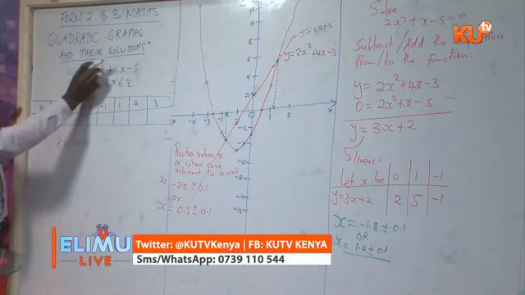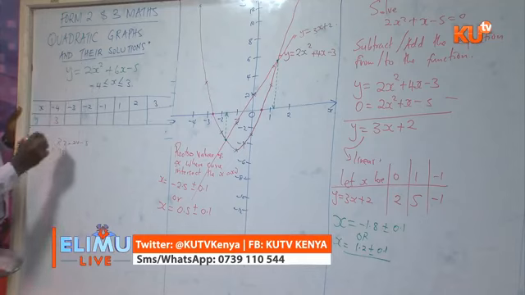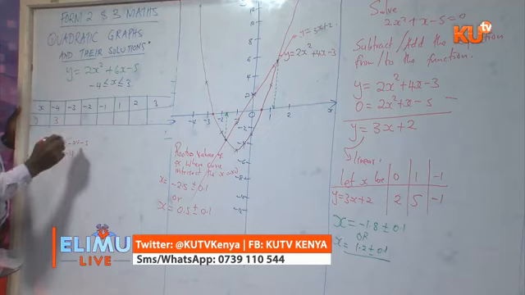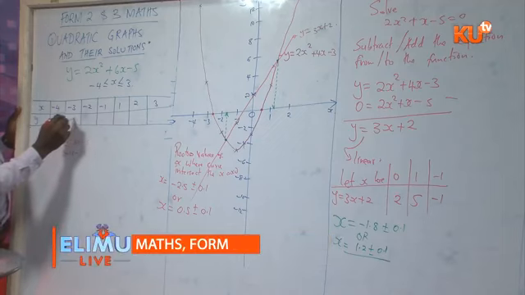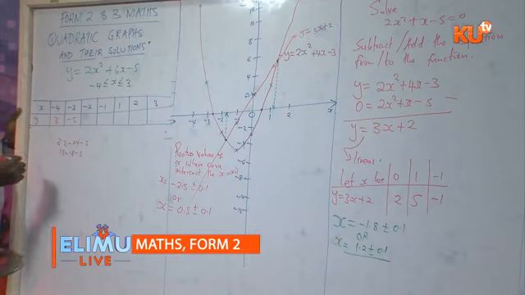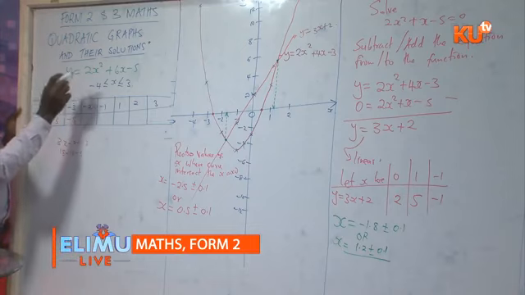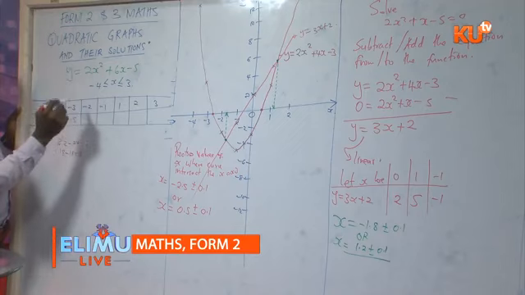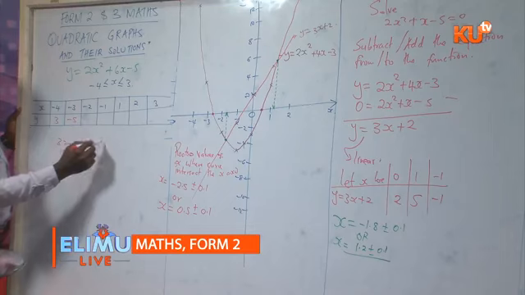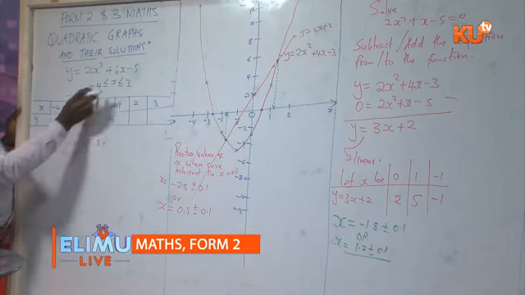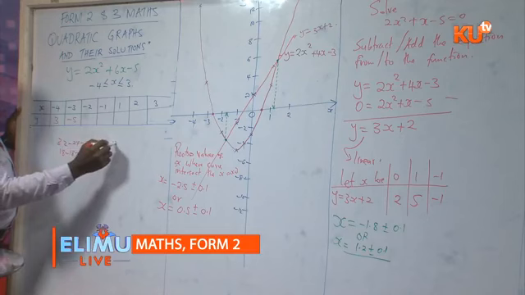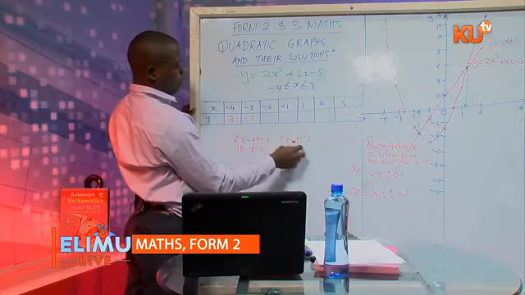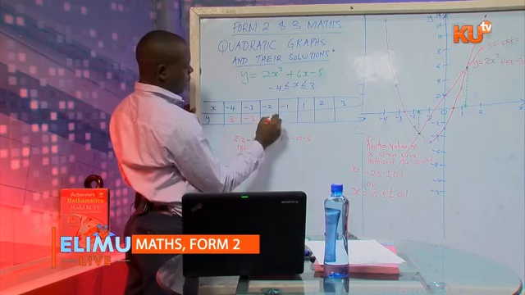Square negative 3, you get 9 times 2, 18. Then negative 3 times 6, negative 18. Then minus 5, so this gives us negative 5. We go to the next case, negative 2. Negative 2 squared gives us 4 times 2, that is 8, plus negative 2 times 6, negative 12, then negative 5. So this is negative 4 minus 5, negative 9.